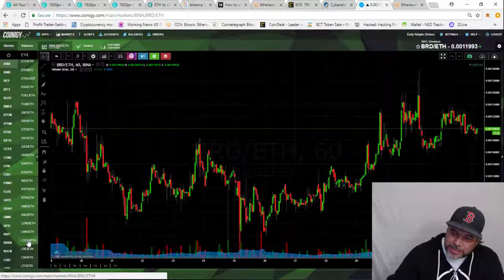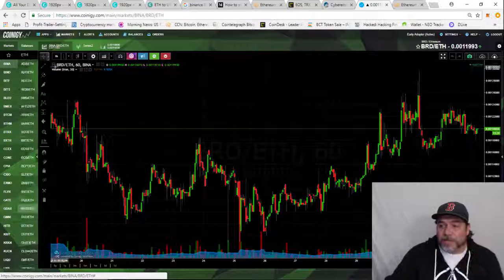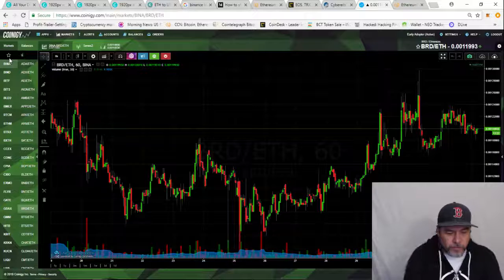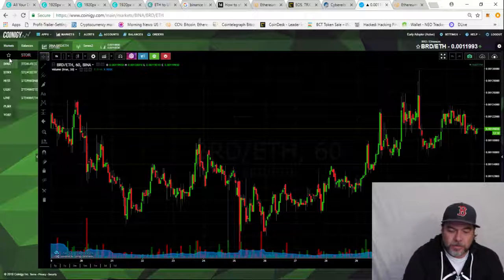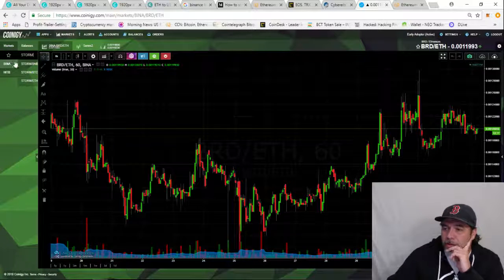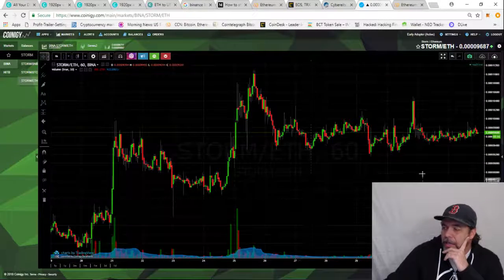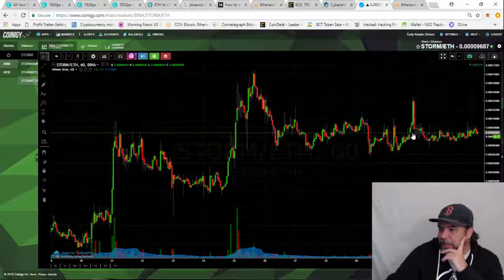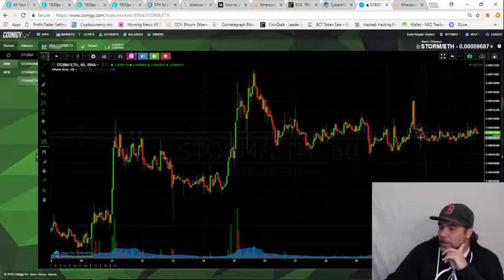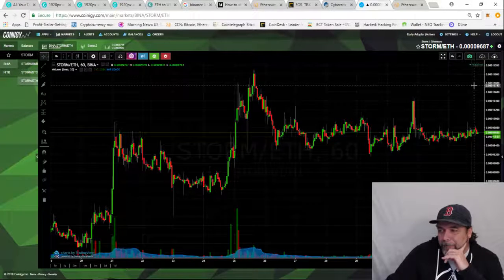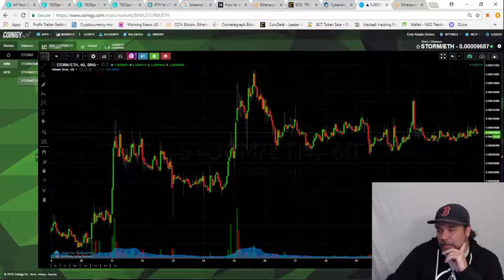Now, if I knew for a fact I wanted to look at Storm, I would go right there and click on Storm Ethereum. And Storm is in a little bit of consolidation right now. So it's either going to go up, and I think it's going to go up, or it's going to go down.